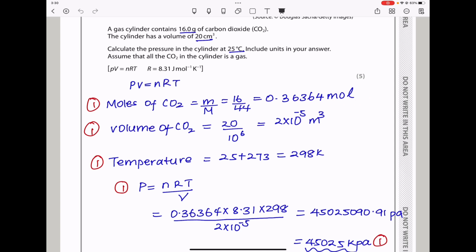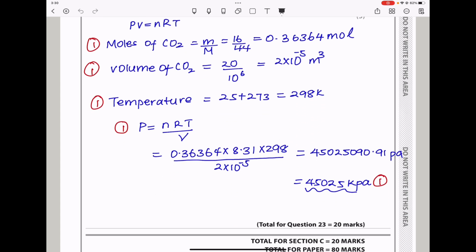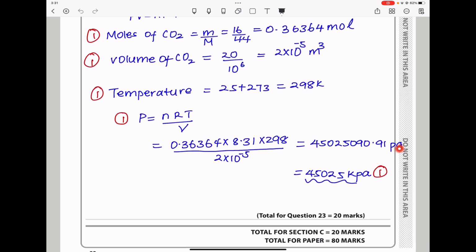The R is given, so the volume of carbon dioxide is going to be the 20 centimeters cubed divided by 10 to the power 6 to convert it to meters cubed. And then the temperature we're given is 25 degrees, so we add 273 to get 298 Kelvin. So pressure is going to equal n times R times T divided by V, and I got that in pascals. When I divided by 1000, this was my answer in kilopascals.